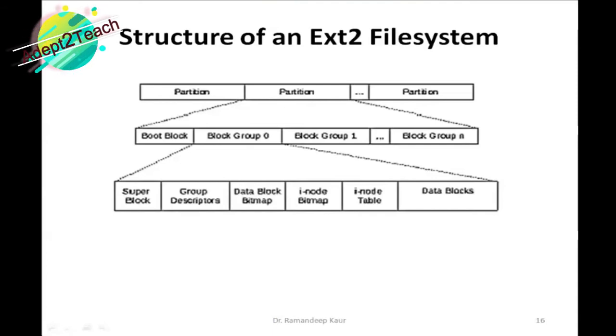The second is starting from your block groups. Now every partition has different block groups, wherein the block groups represent the collection of your entire data. For example, let's say you have C, D, E partitions. Let's say we are talking about partition D. Now in partition D, let's say the address of the partition starts from 1000 to let's say 2000.